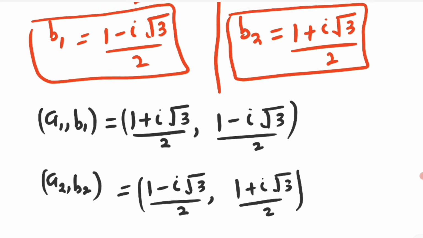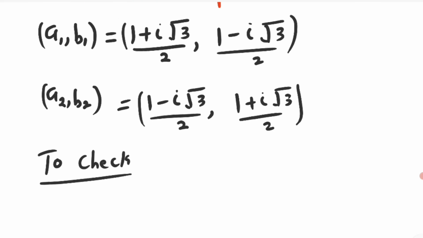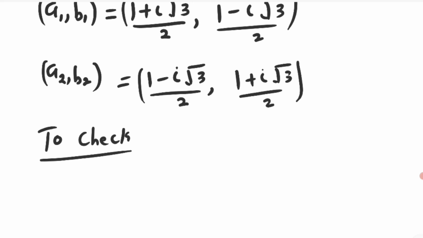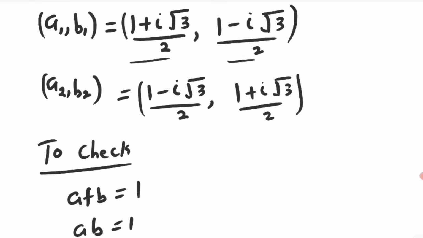Let's check. To check, we have the given equation. A plus B is equal to 1. AB is equal to 1. Now, let's make use of either A1, B1 or A2, B2, but I'm going to make use of A1, B1.